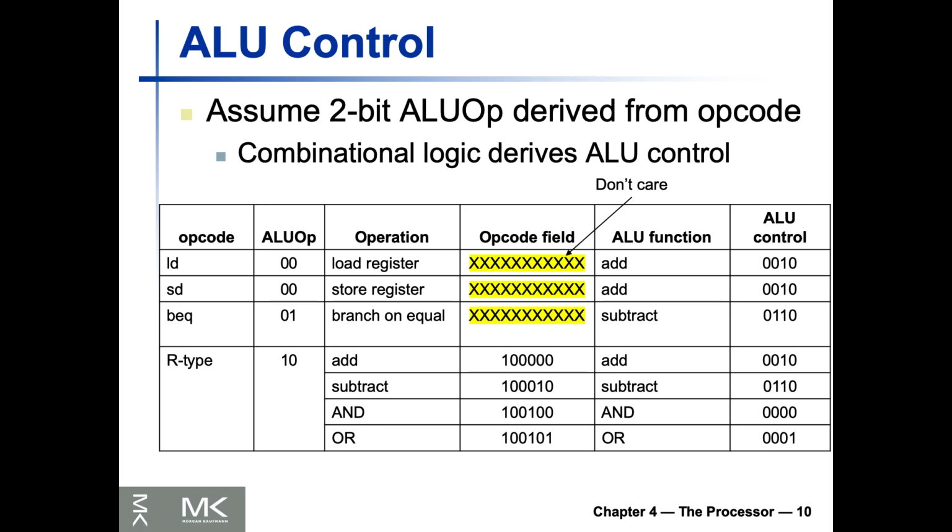ALUOp indicates whether the operation should be load and store, subtract, or, if it was a branch, we're going to do the test if 0. That's why we need to know the func7 and func3 for that here. There are some operations here that I highlighted in the opcode field as X, which we call don't care.